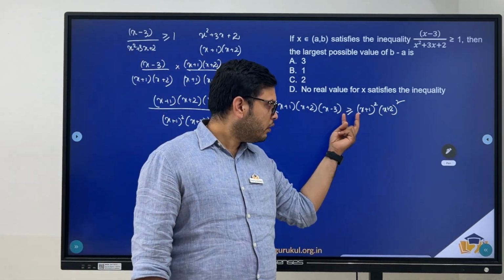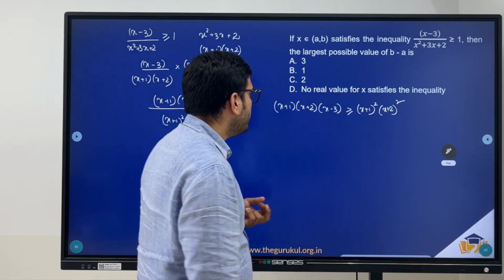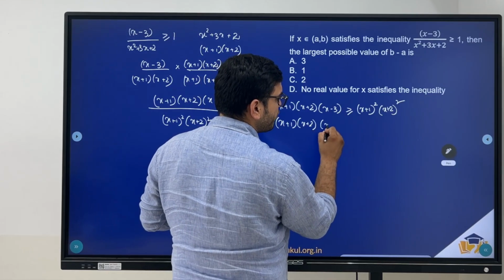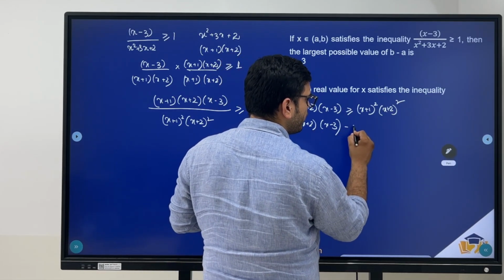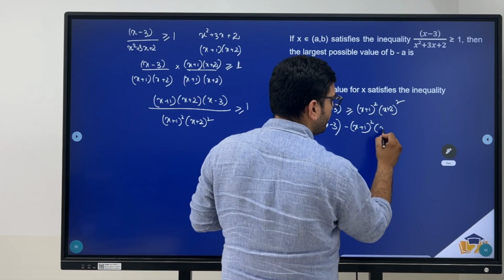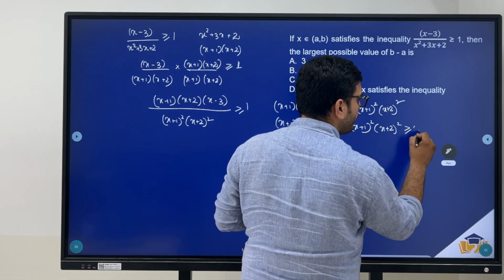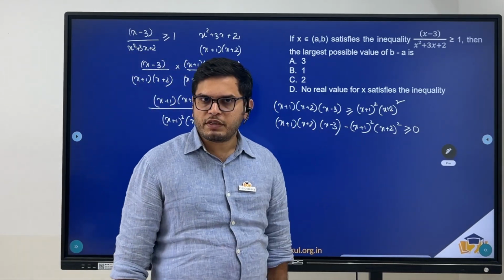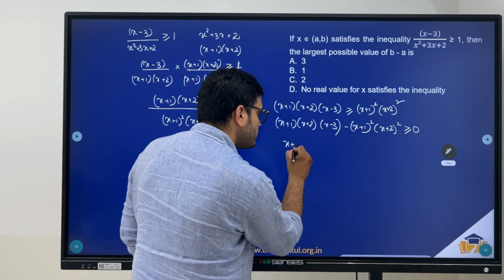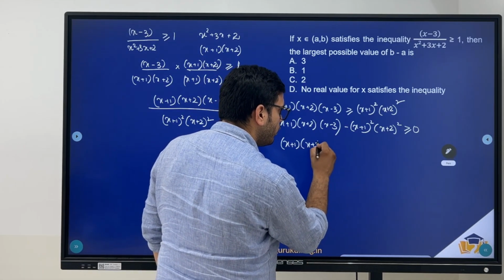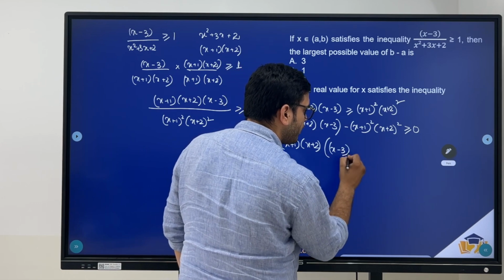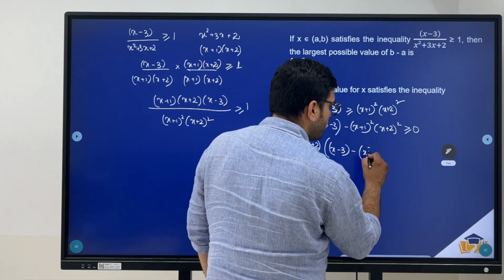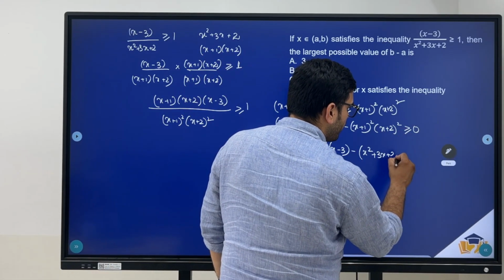Now let me bring these two terms to the left hand side. Then we'll have (x plus 1) into (x plus 2) into (x minus 3) minus (x plus 1) whole square into (x plus 2) whole square. Now this should be greater than or equal to 0. Between these two terms, I can take (x plus 1) into (x plus 2) common. So if I take that common, we have (x minus 3) minus (x plus 1) into (x plus 2), which is nothing but x square plus 3x plus 2.